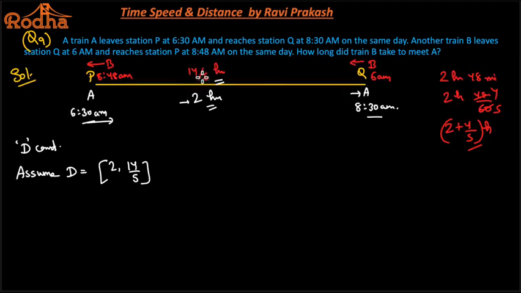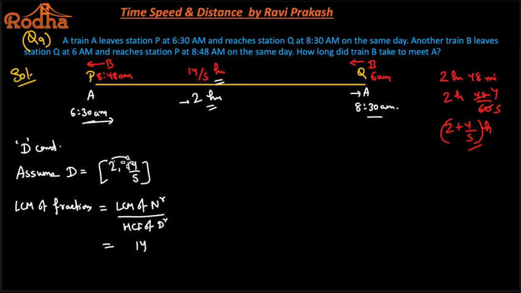So what is the LCM of 2 and 14 by 5? We should know that the LCM of fractions, this is a fraction, right, 2 and 14 by 5, is equal to the LCM of numerators upon the HCF of denominators. That means for 2 and 14, the LCM will be 14, that is the LCM of numerators. The denominators are 1 and 5.